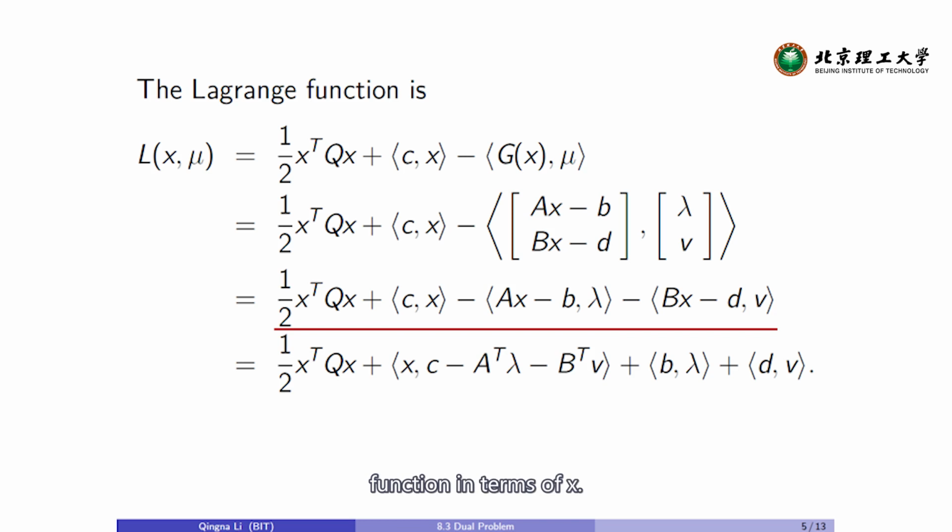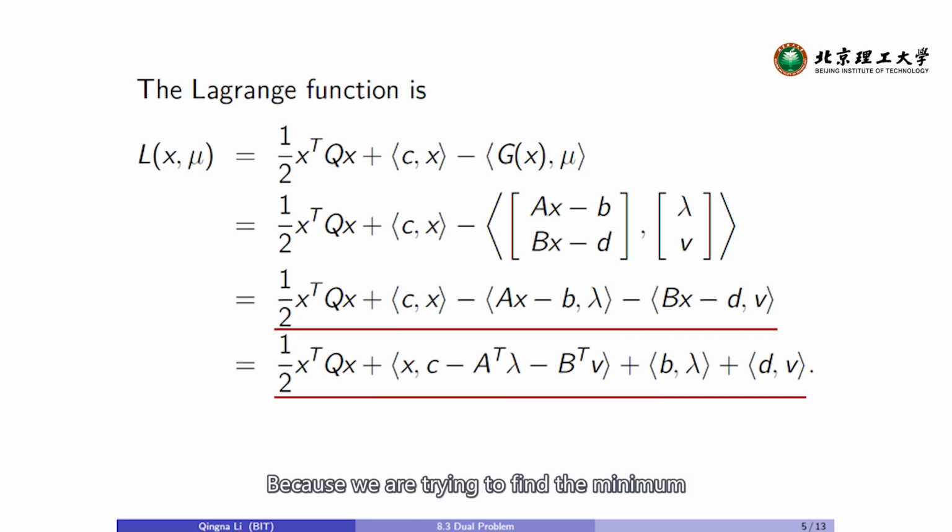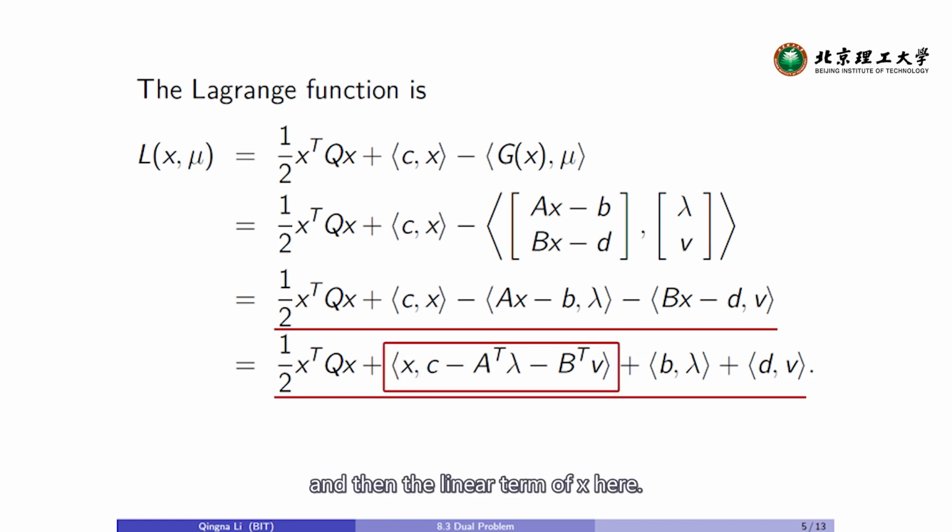Then after that, we reformulate this function in terms of x, because we are trying to find the minimum of this function with respect to x. So we put the quadratic term of x here, and then the linear term of x here. Notice that from this step to this step, we select the x terms and do some transformations to move the coefficient to the next part.